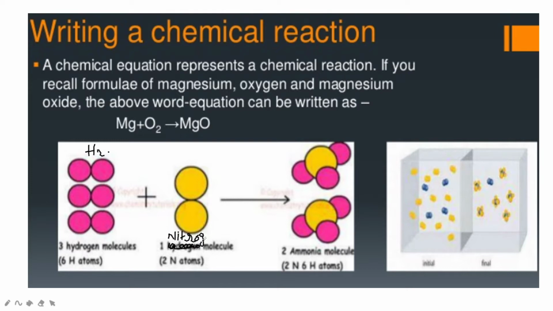One nitrogen molecule is there. Okay, so 3H2 plus N2. Here what we got is NH3, two NH3 molecules. So how these things were formed, that also we are going to discuss in today's session.